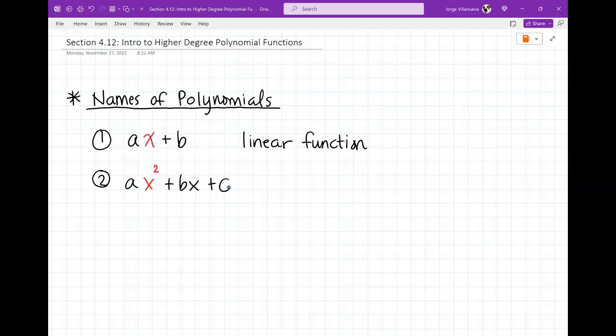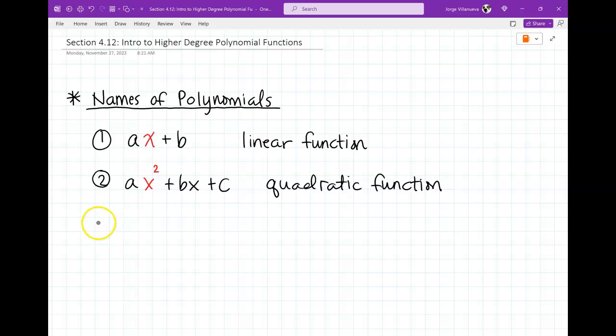So yeah, x to the first is there, but x squared catches my eye, and I see that, so x squared is basically the most important thing. This is called a quadratic function. Okay, so quadratic. All right, so quadratic function because the power is 2.